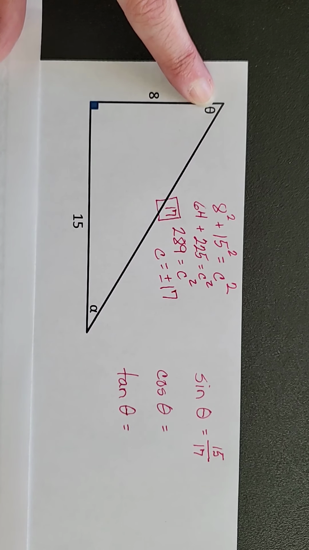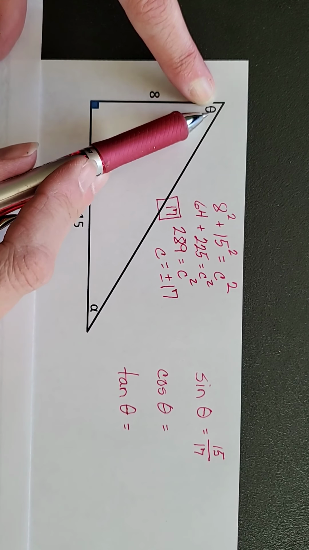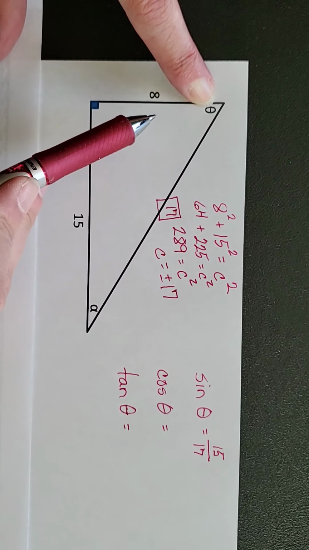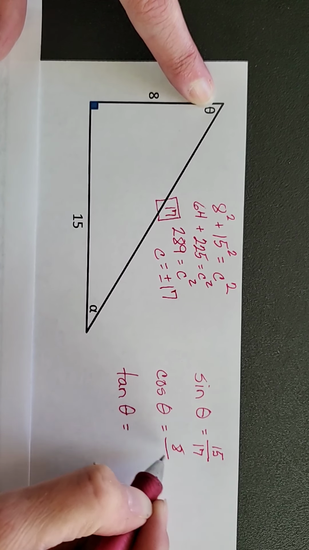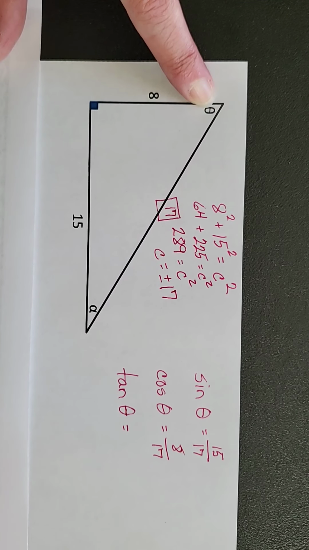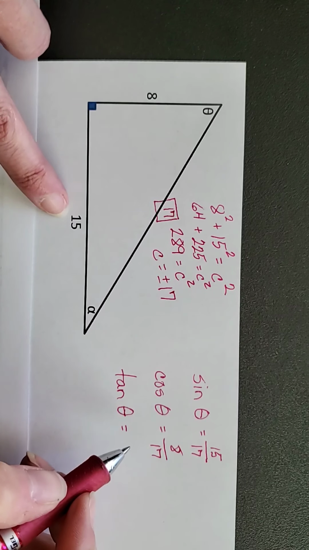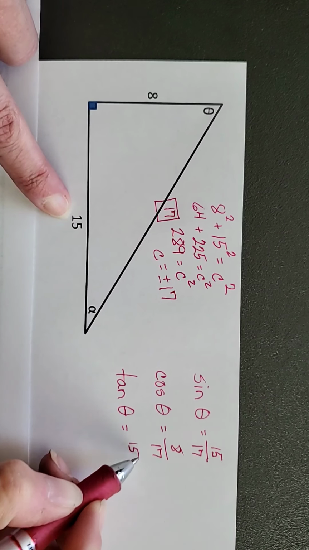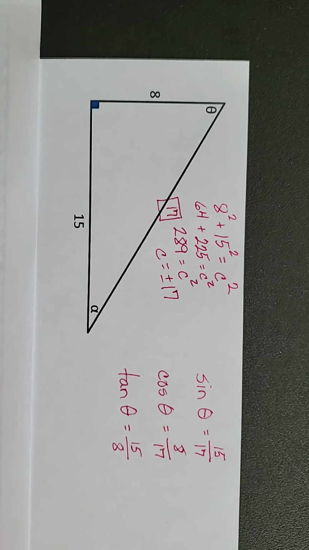The cosine of theta, so CA is CAH, adjacent over hypotenuse. So the adjacent side is 8 over the hypotenuse of 17. And tangent TOA, the opposite over adjacent, opposite is 15 over the adjacent, which is 8.